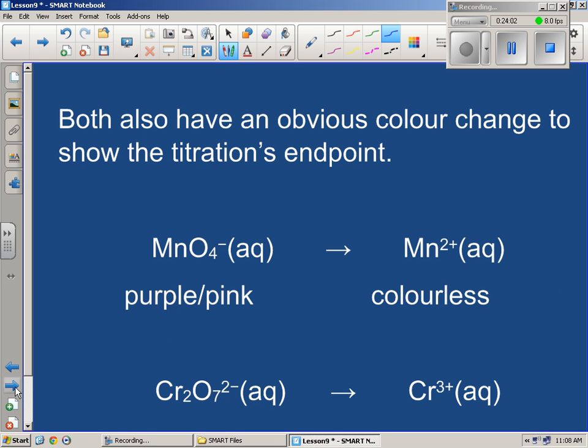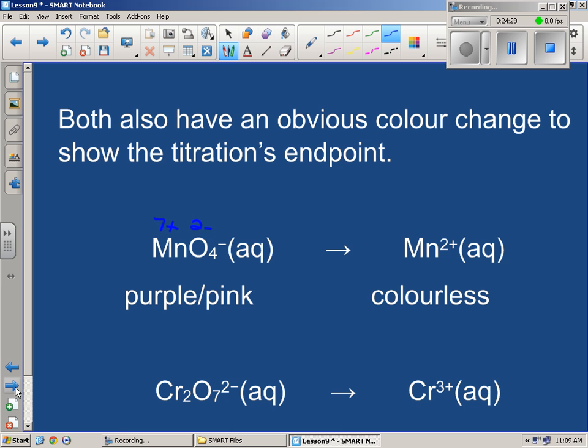The other good thing about these 2 is they have specific colors. When you go from permanganate, which is a purple-pink color, to the Mn2+ ion, remember, if you did oxidation numbers, this is a 2 minus, and this would be a 7 plus. So what's happening to manganese is it's gaining electrons.